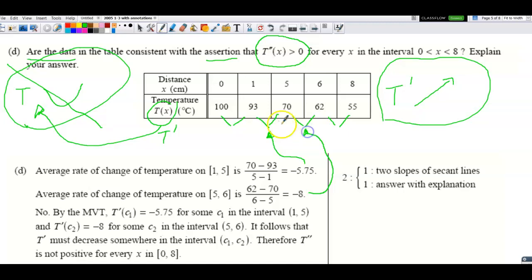Well then, if this rate is negative 5.75 and this one's negative 8, then t prime is decreasing, because from negative 5.75 to negative 8, that is a decrease. That means t prime is decreasing, which says, nope, this can't be true. Now, you might not have thought, okay, I know which two specifically to go to. Well, let's look at student work.